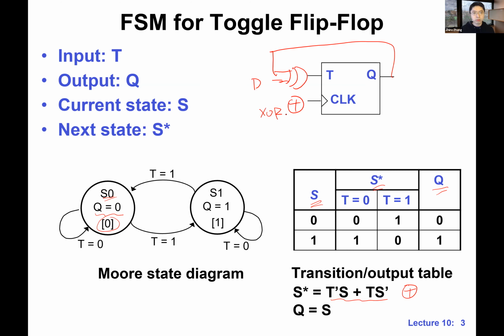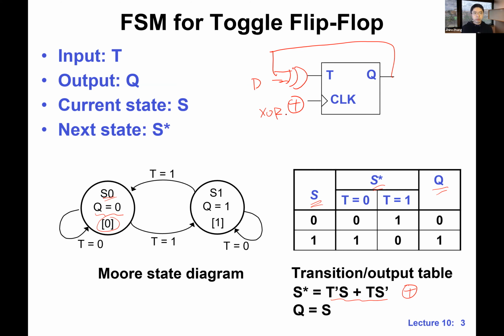But if Q is already the current state, Q is already the same as the new input D, we don't want this T flip-flop to flip, right? So we want T to be 0. And if D is different from the current state Q, we want it to flip, right? So this is exactly what the XOR can do. Okay, so hopefully you guys get the intuition. Again, you can derive this by drawing a truth table.